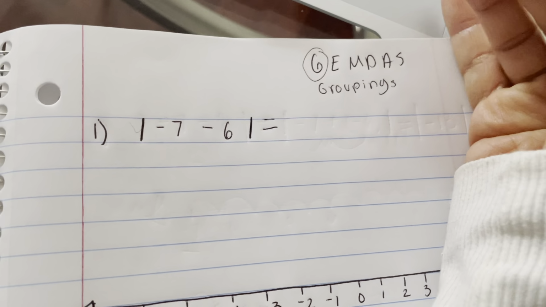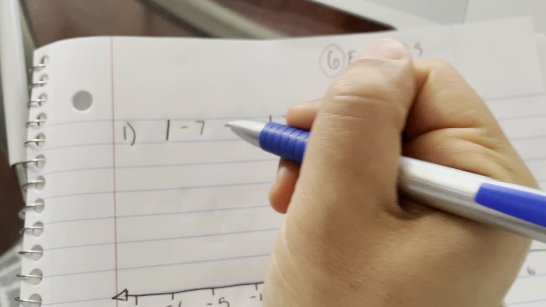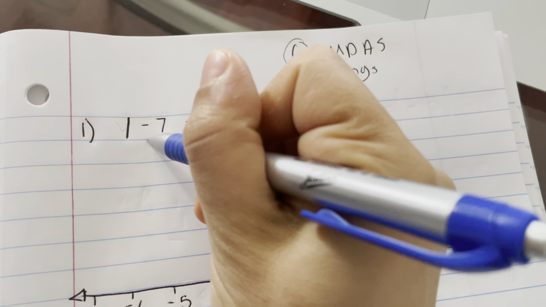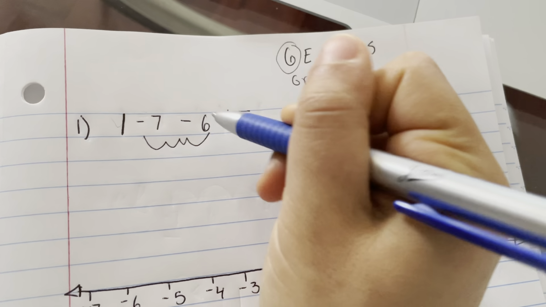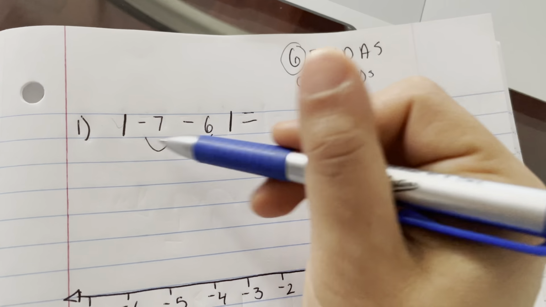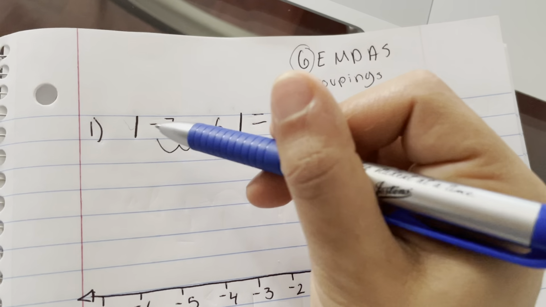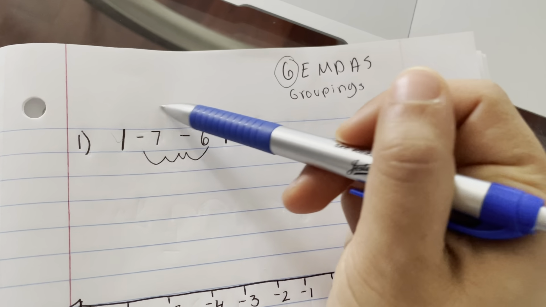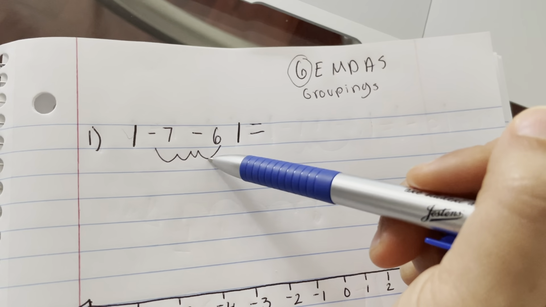And what it's saying is you have to solve what's inside first. So I have to solve what's inside of here before I take the absolute value. So you don't take the absolute value of -7 and -6 and turn them positive. No, you have to solve what's inside of this first.